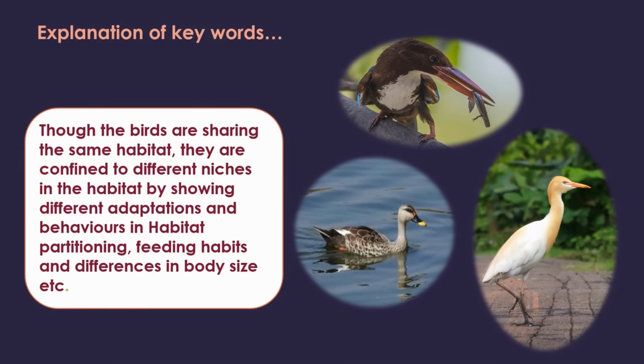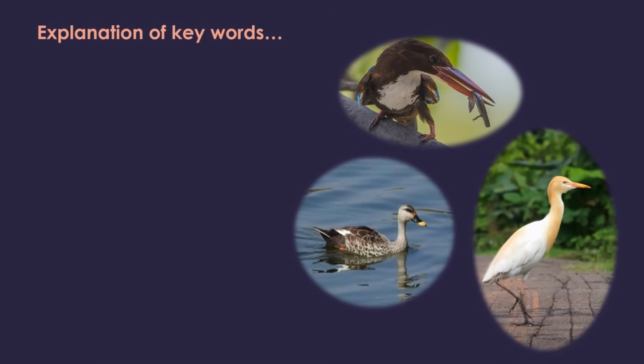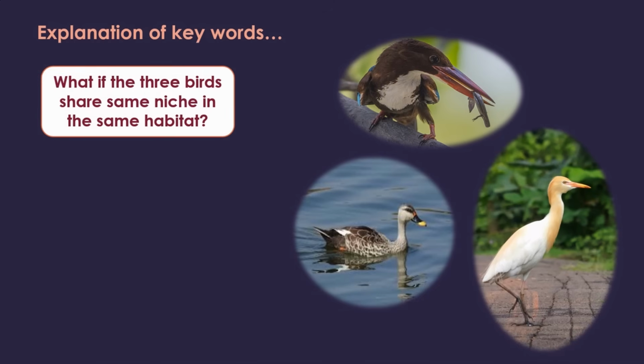So all these three birds share the same habitat, but they are confined to different niches by having different feeding habits, different adaptations, different behaviors, and different body sizes also. So, what if the three birds share the same niche within the same habitat?